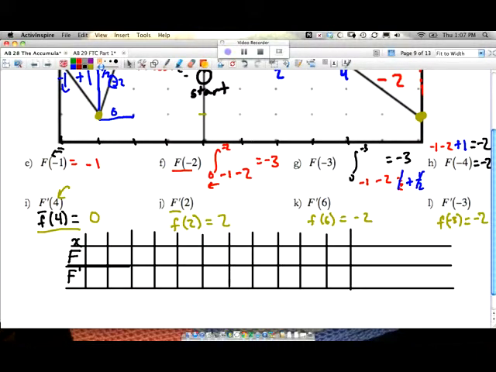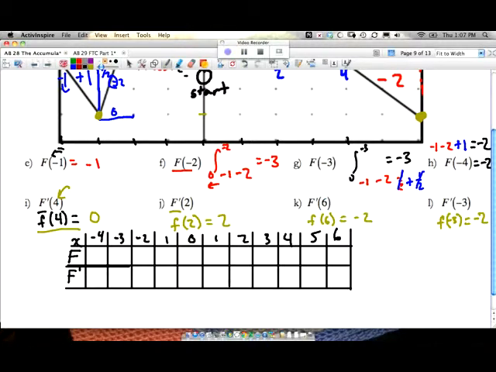All right, so there we go. I don't really need this extra here. Let's just shrink it back down. Okay, so let's fill in my numbers. We're talking -4, -3, -2, -1, 0, 1, 2, 3, 4, 5, 6.